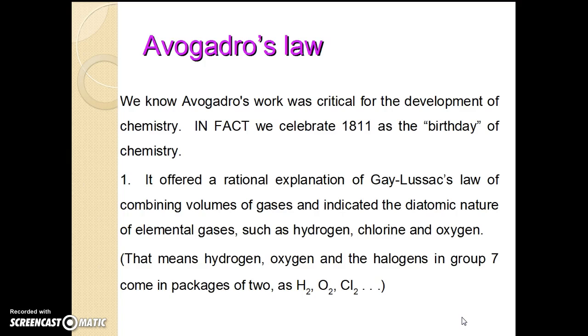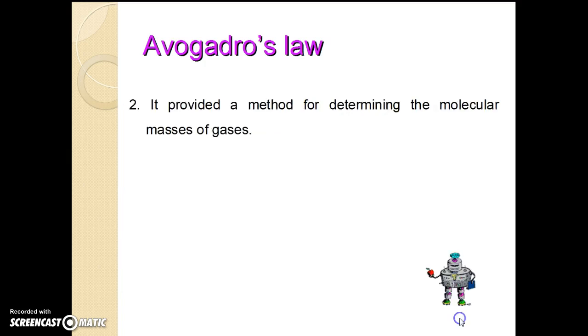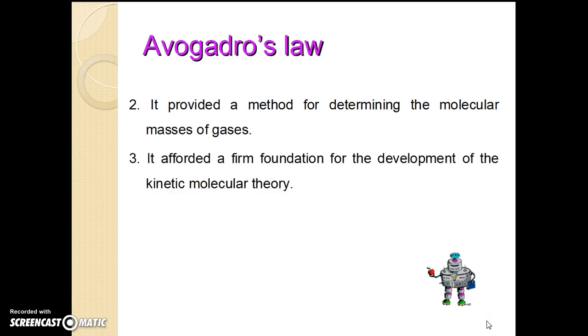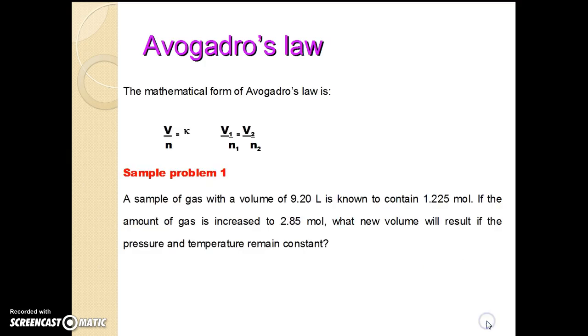That means, of course, that those gases come in packages of 2. Avogadro's law also provides a method for determining the molecular masses of gases. It affords a firm foundation for the development of kinetic molecular theory.